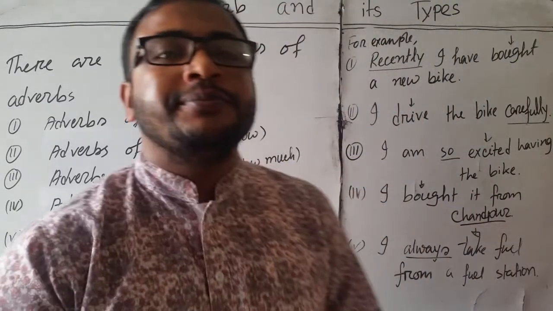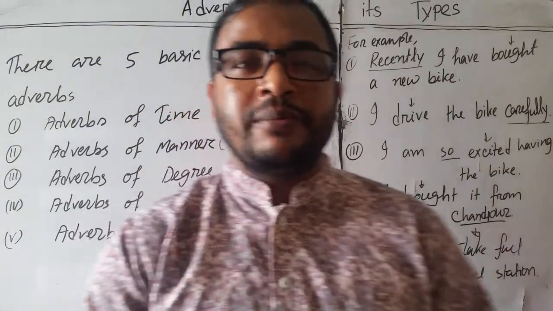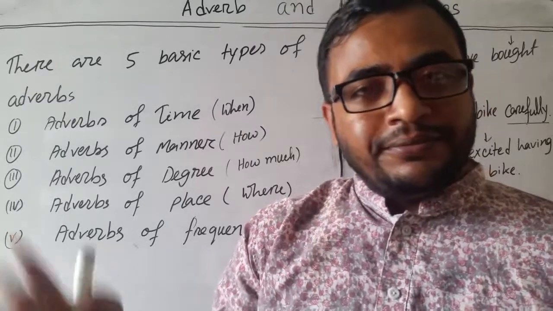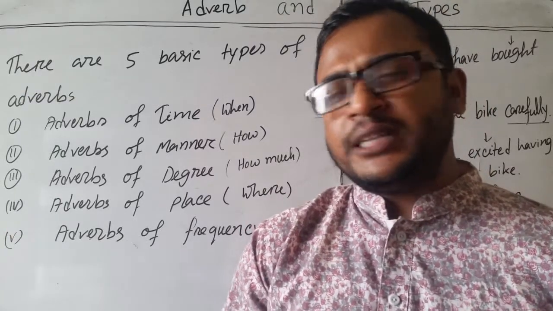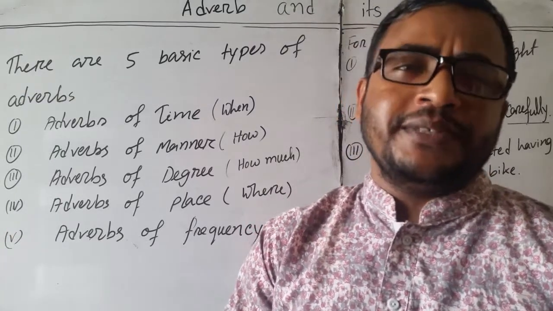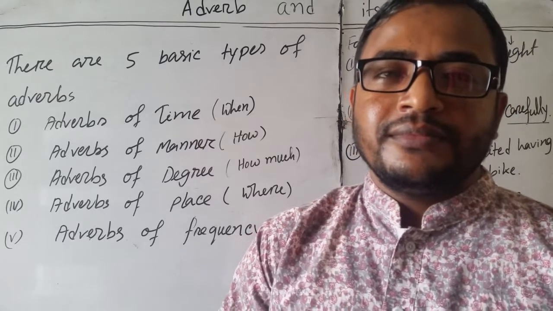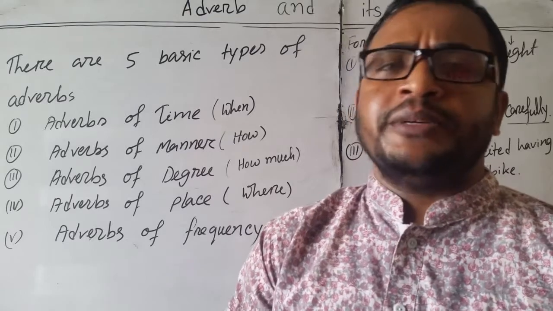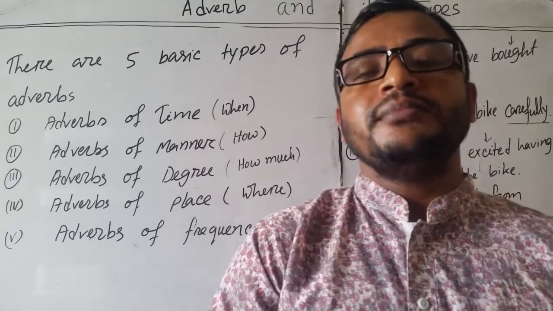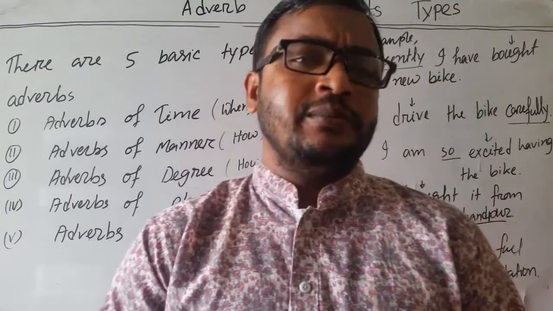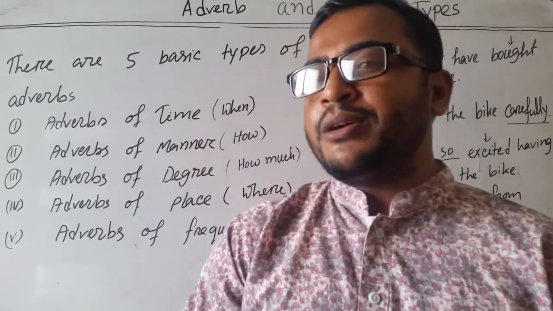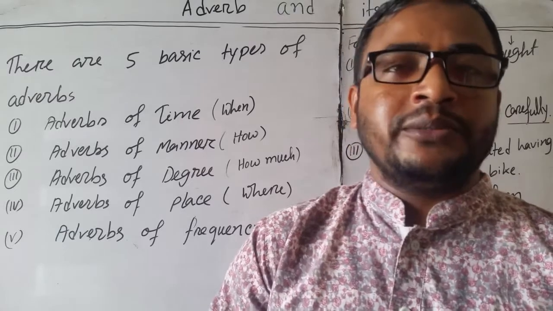Dear learners, now let's talk about the types of adverb. Adverbs can be of many types. There are many kinds of adverbs. But today I am going to talk about 5 basic types of adverbs.